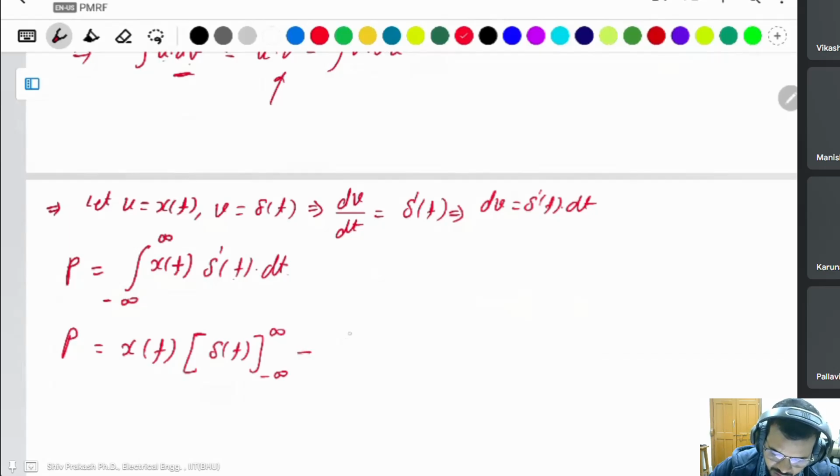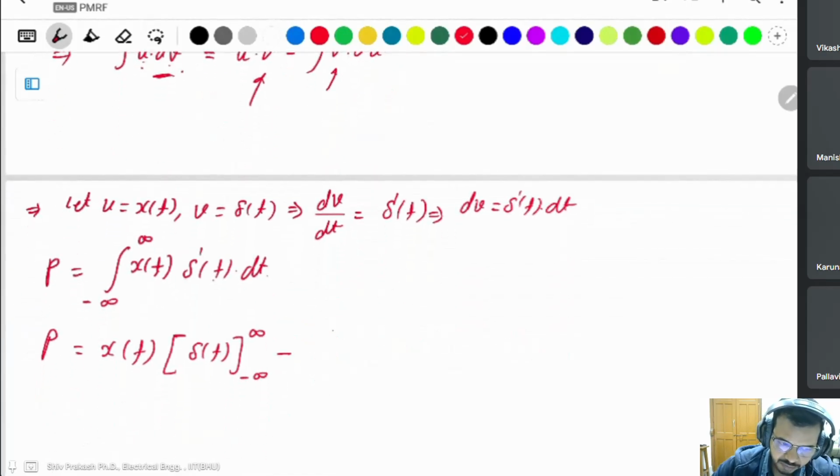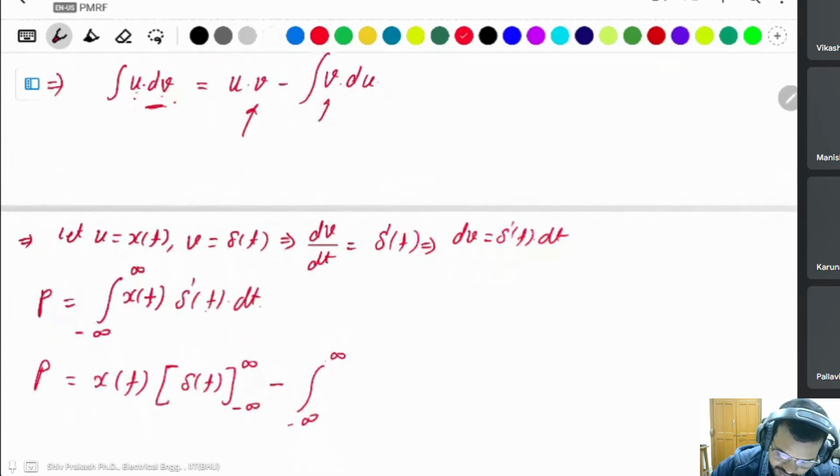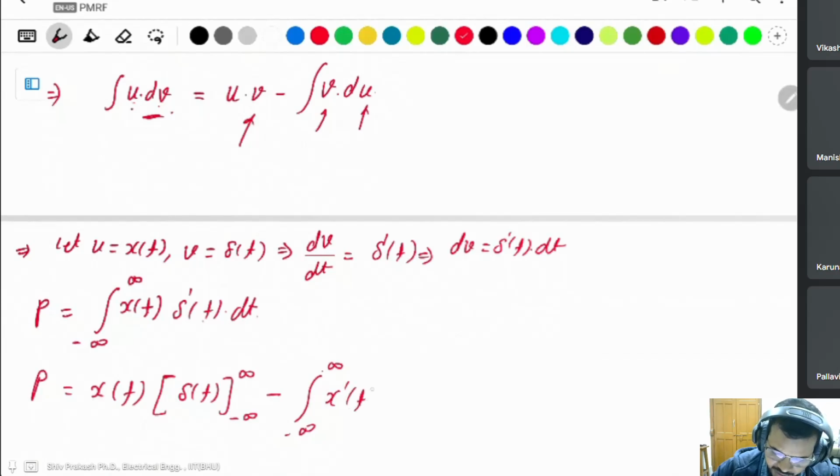Minus the integration of the differentiation of the first signal, x dash t, into the integration of dv, which is delta t, then whole integration into dt.